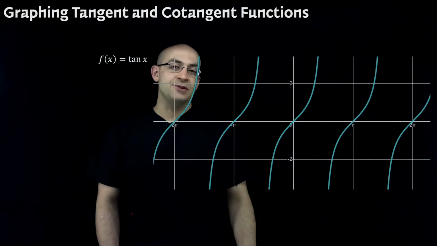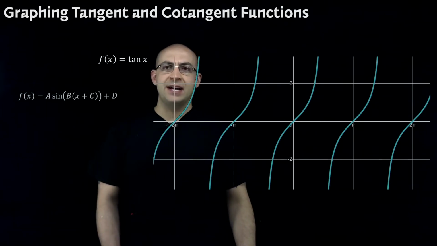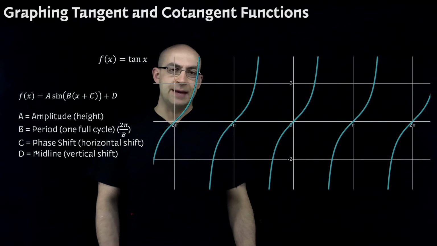So the one major difference that you're going to see is that both cotangent and tangent functions have a range of all real numbers, negative infinity to positive infinity, and that will never change. So why is it that way? Well, if we talk about tangent specifically, and we talk about our ABCDs, tangent has a lot of asymptotes, just like cotangent.